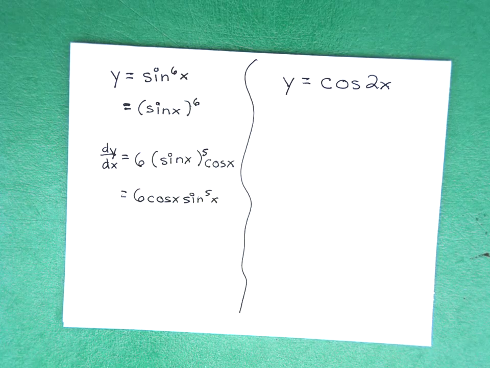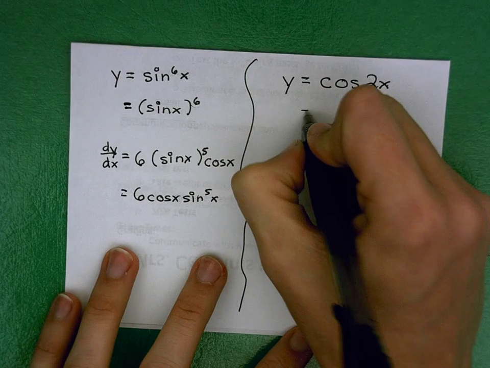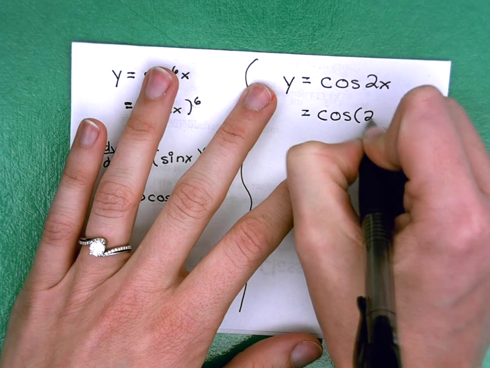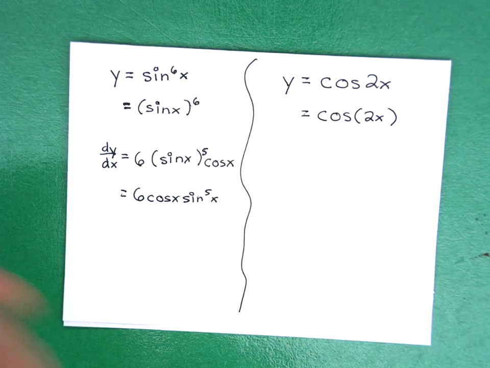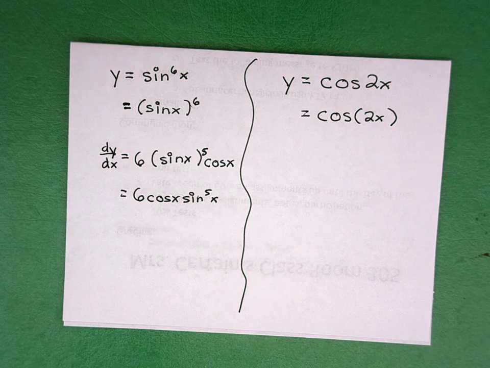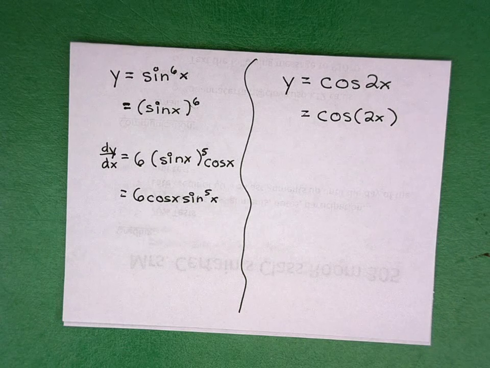Again, your parentheses may not be written, but they're there, right? Our parentheses are located technically around that 2x, right? But because the 2 and the x are being multiplied, we don't have to write those parentheses. That 2x is already contained within cosine x. The only time we have to write the parentheses is if you have two terms added together or subtracted together within a trig, right?